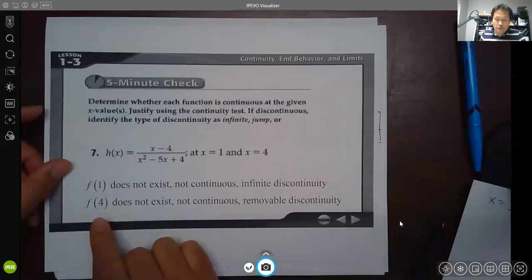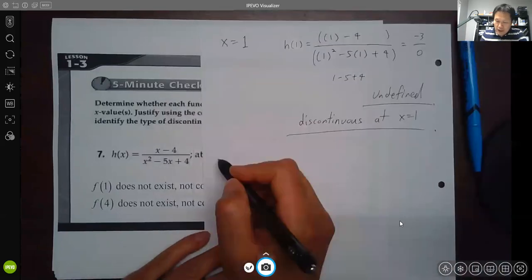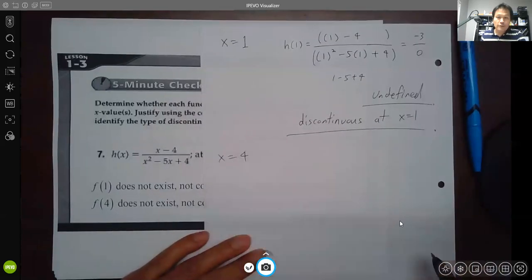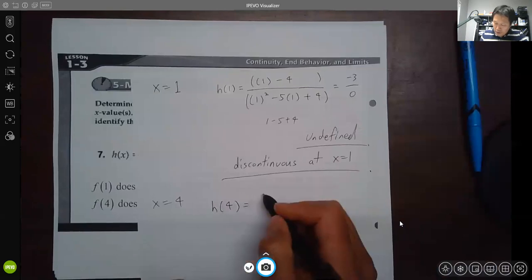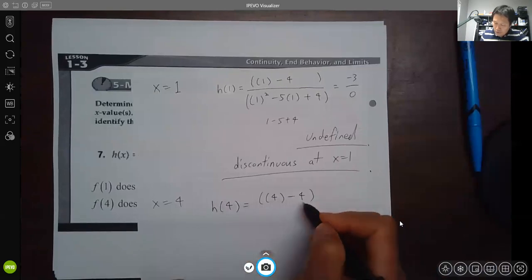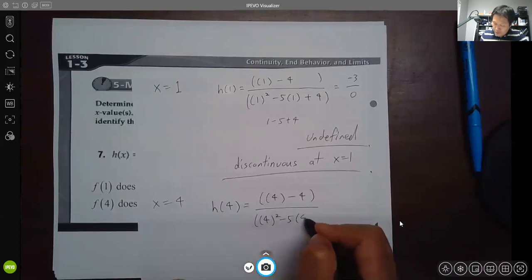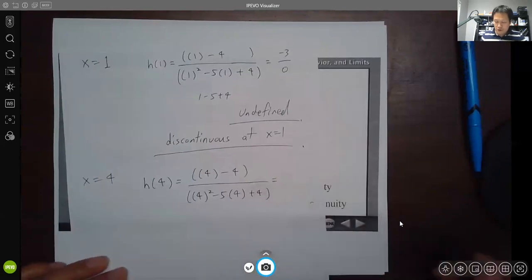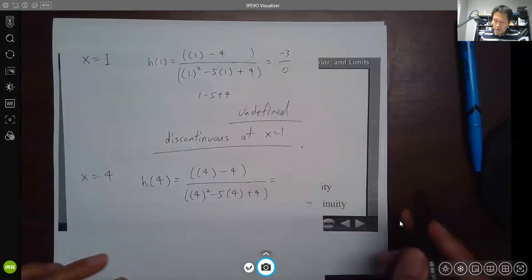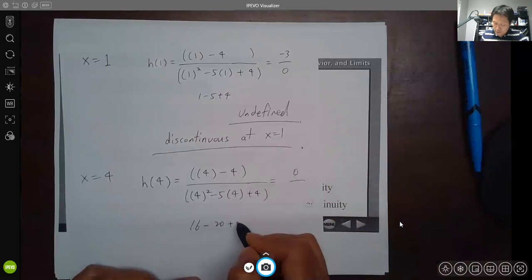Now x equal to 4. So first condition you have to do is x equal to 4. You will have to plug it in. So h of 4, plug it in, should be 4 minus 4 all over 4 squared minus 5 times 4 plus 4. You can put it into the calculator. Should be about 0 over 16 minus 4.